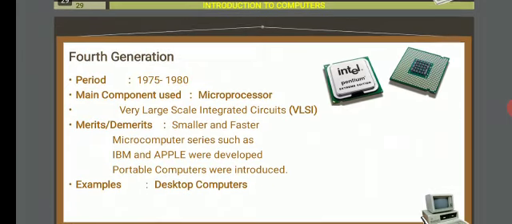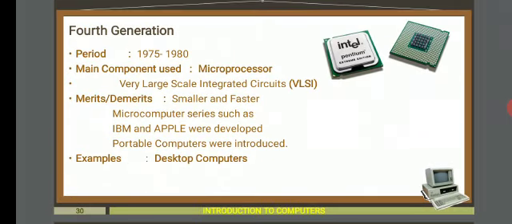And then we started using the fourth generation. The fourth generation was in the period of 1975 to 1980, and the main component we used was the microprocessor. Various large scale integrated circuits were also used in the fourth generation.